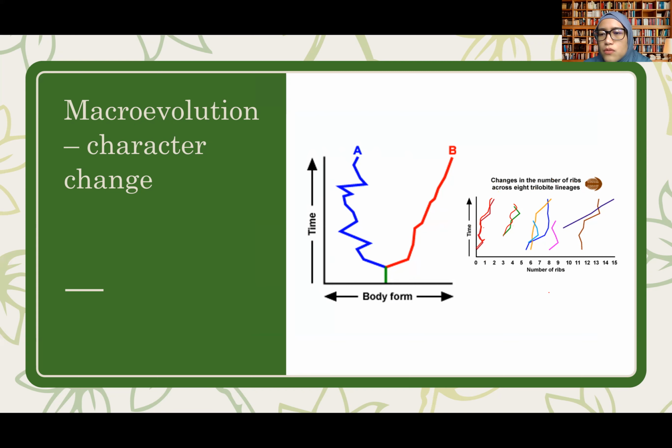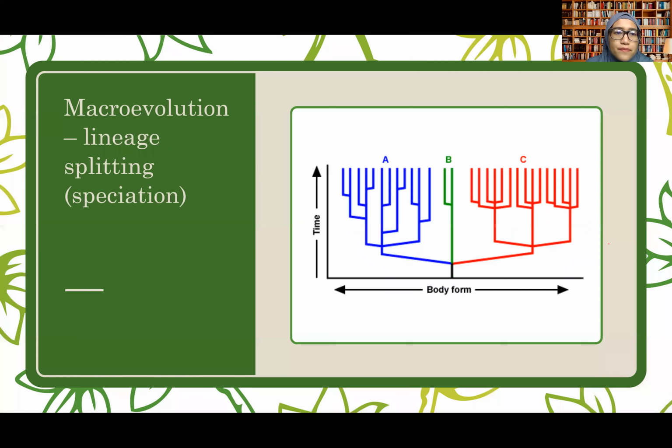Most of them are towards that form, like adding more ribs over time, but sometimes they can go back towards a lesser number of ribs. So that's character change. And the third one is lineage splitting or speciation.